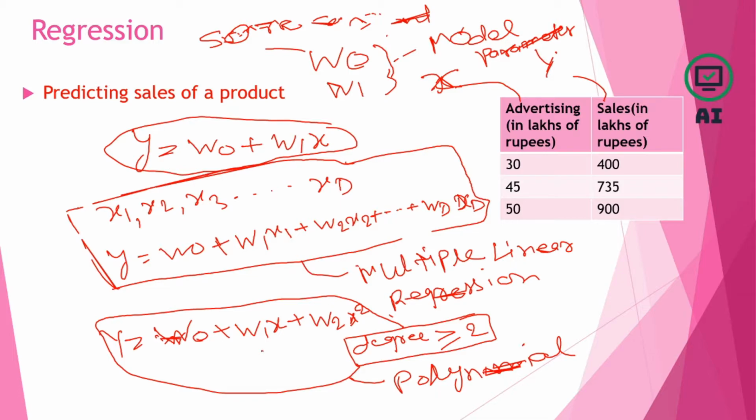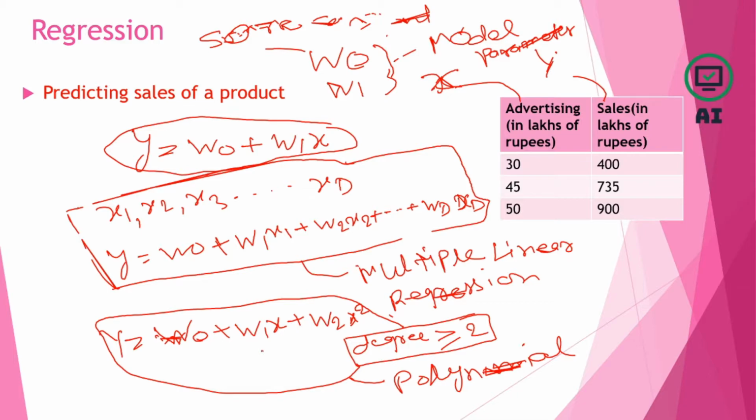The more money that is put on advertisement, the better the sales are going to be. In this kind of scenario, we can predict sales if we know how much amount we are going to put on advertisement.